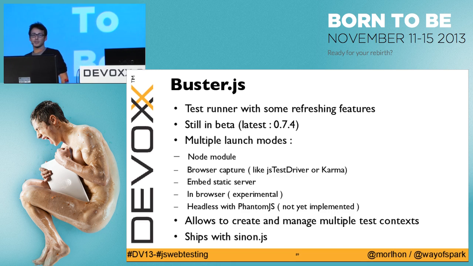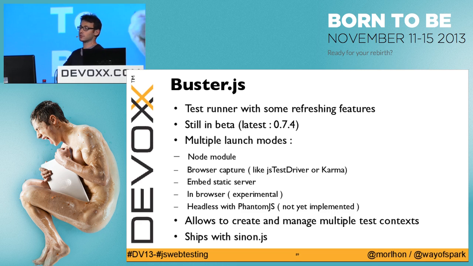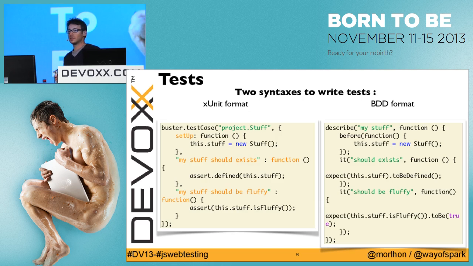And you can launch it with a headless browser like Phantom to launch a test inside a fake server. Great. It's from the author of Sinon.JS, so it ships with Sinon.JS, with all the great features of the library.